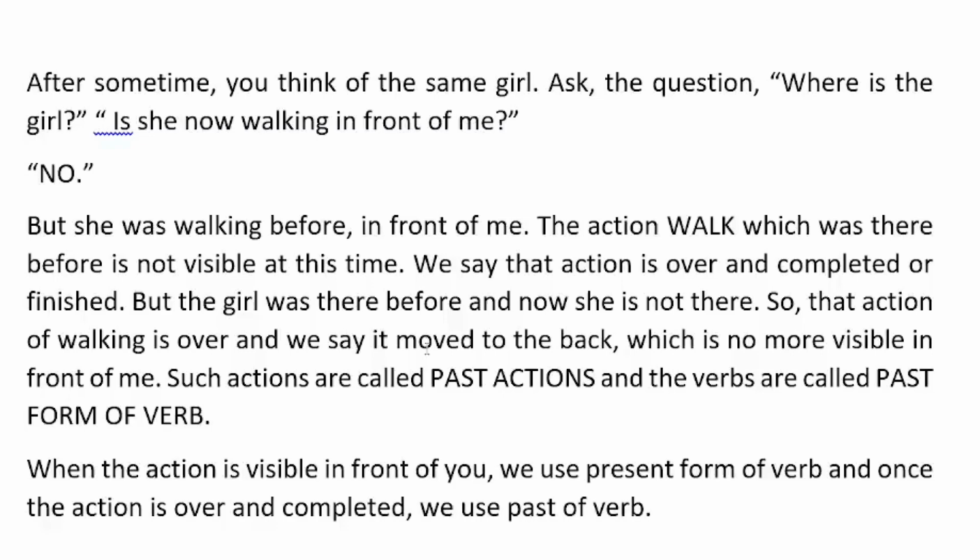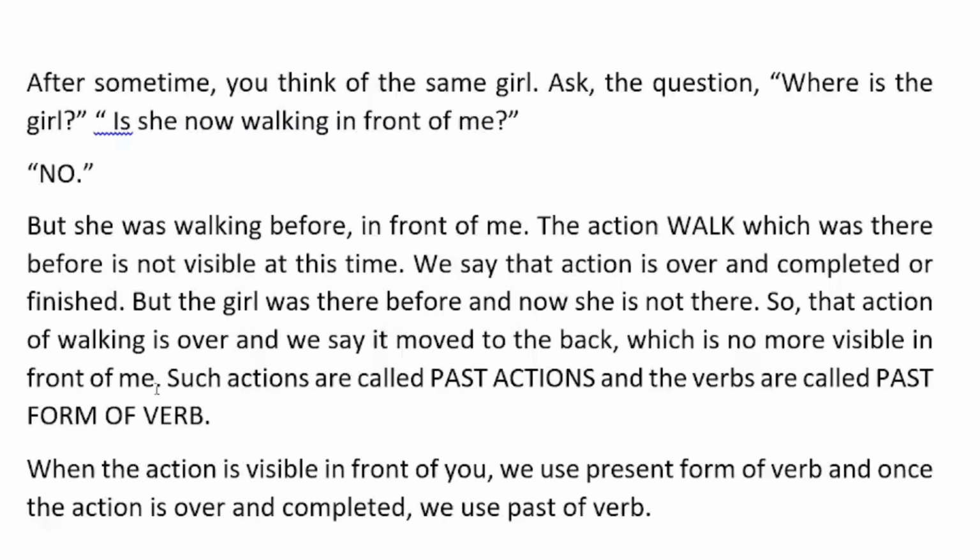Show the hands towards the back. Point your fingers towards the back, which is no more visible in front of me. Say to yourself, it is not in front of me. It is over. The action is finished. The action is completed. She is not there in front of me.